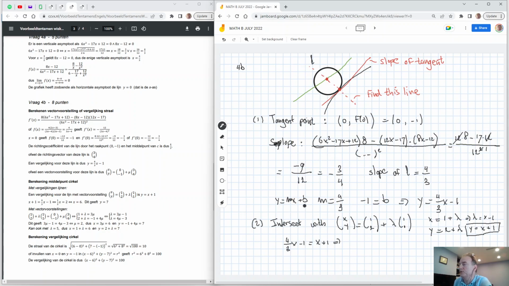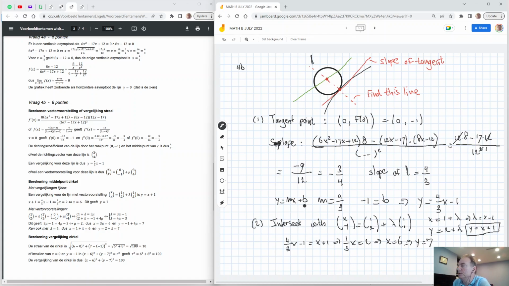Subtract x from both sides, so we get 1/3 x is 2, which means that x is equal to 6. And then substitute it in the line, and you get y is equal to 7.